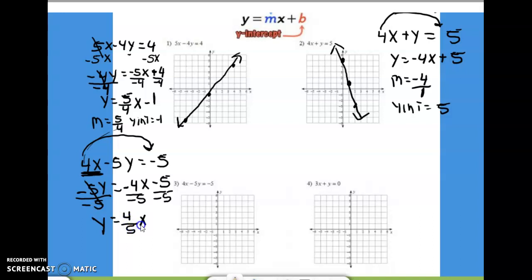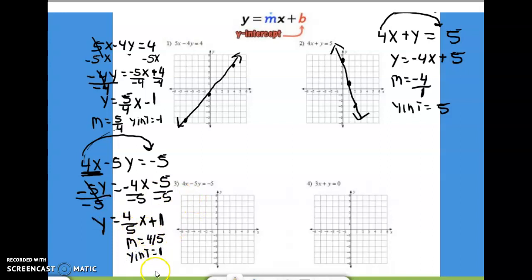So it's going to be going up. Now notice this one. This is negative 5 divided by negative 5 would be a positive 1, right? Okay, we could get that baby graphed now because we have the slope, right? And we have the y-intercept. So we are good to go.